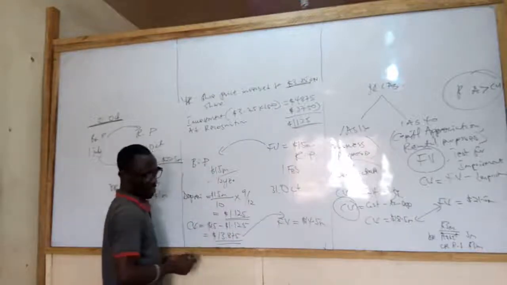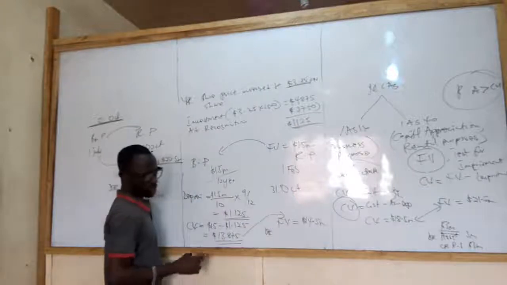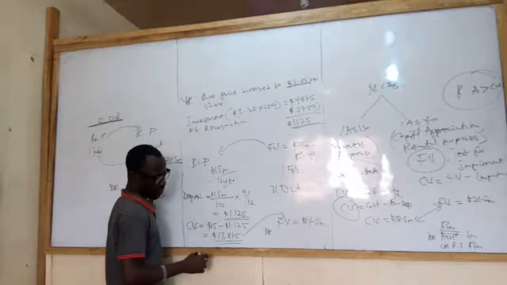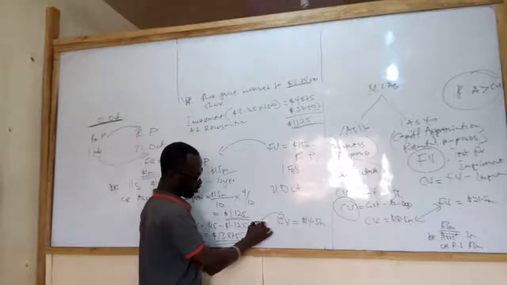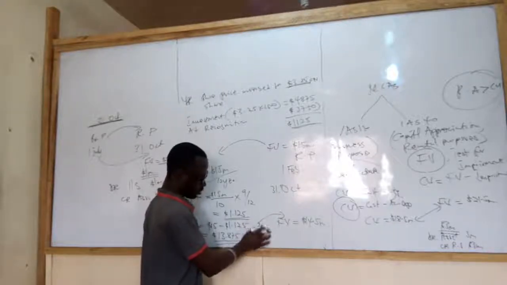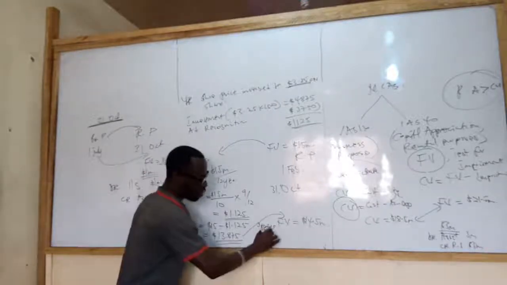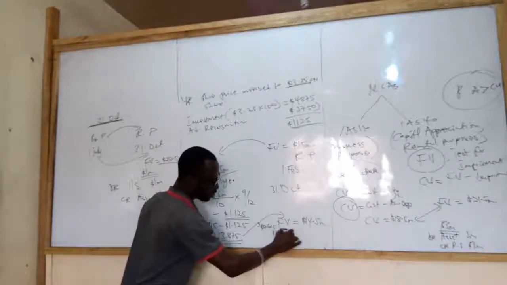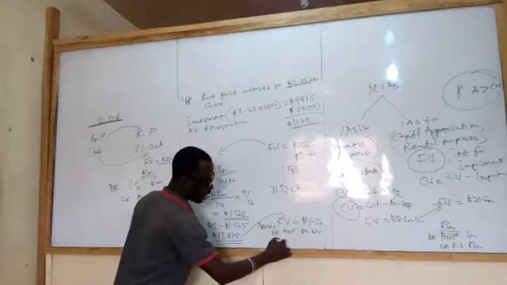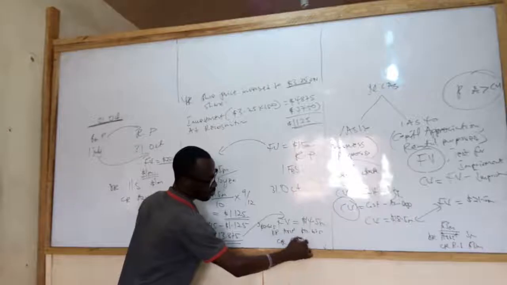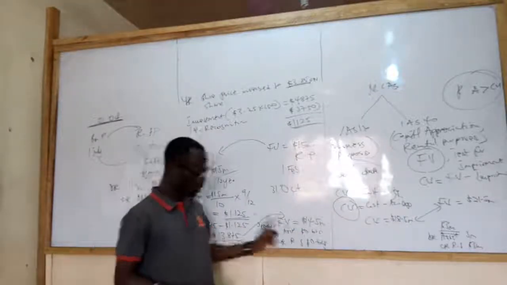What's the difference? 0.625. So this $0.625, we debit the asset account, 0.625, and then credit what? Revaluation surplus, 0.625.